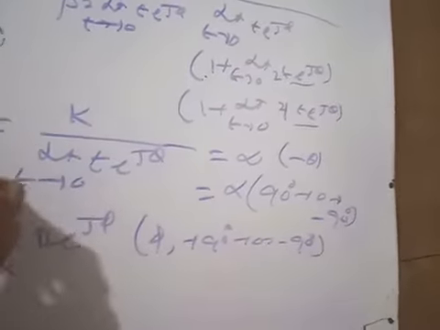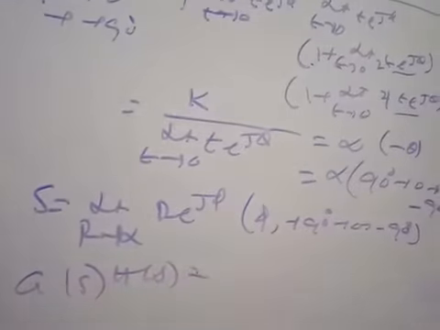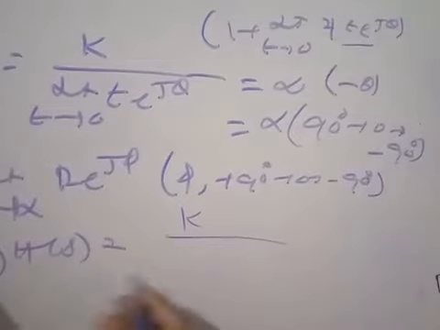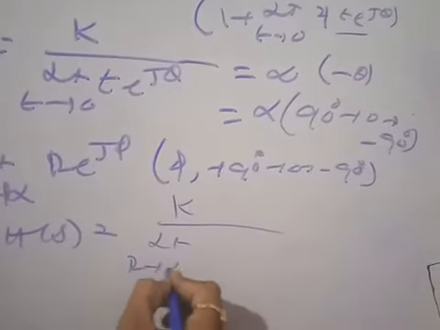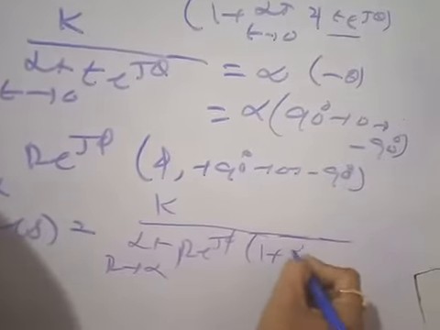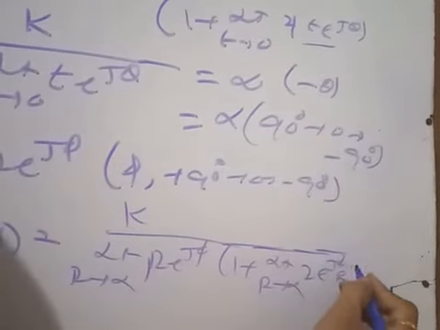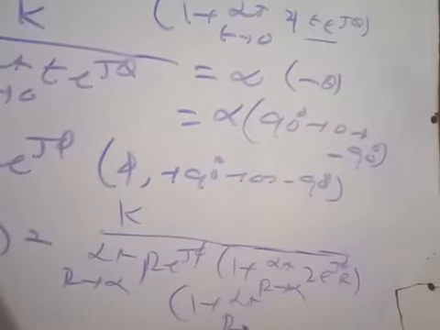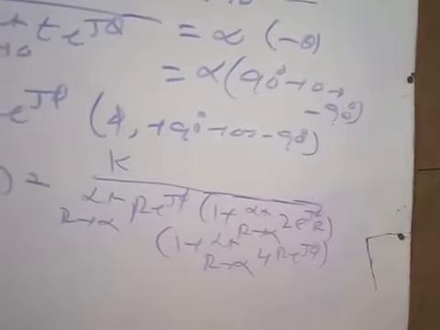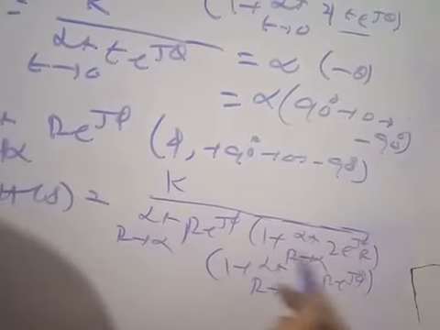Now put this value in the transfer function, you get G(s)H(s) equal to K by limit r tends to infinity, r e to the power j phi, into 1 plus limit r tends to infinity, 2 r e to the power j phi, into 1 plus limit r tends to infinity, 4 r e to the power j phi, right? So when you put the limit r tends to infinity here, ultimately you have to solve.